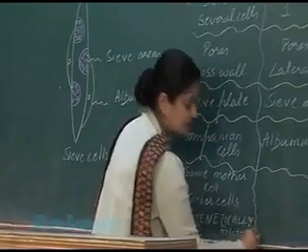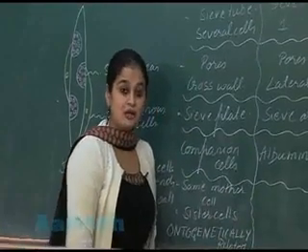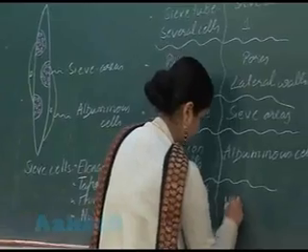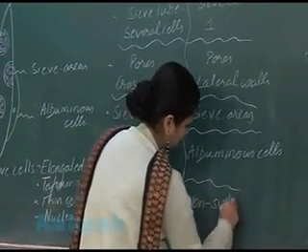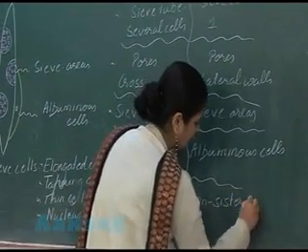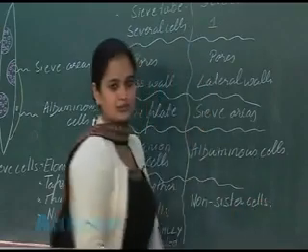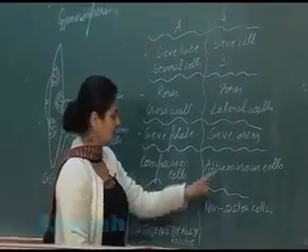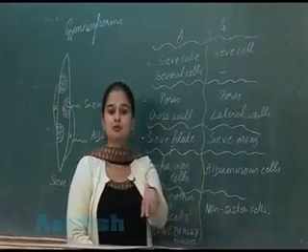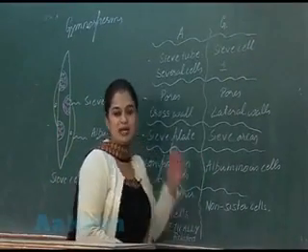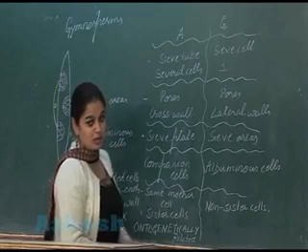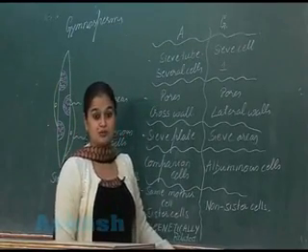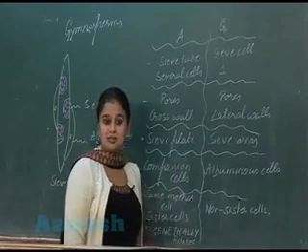But the sieve cell and albuminous cells are not derived from the same mother cell, so they are non-sister cells. That's why the albuminous cells are not known as true companion cells. Got it? Ontogenetically, they are not related. That's why they are not known as true companion cells.